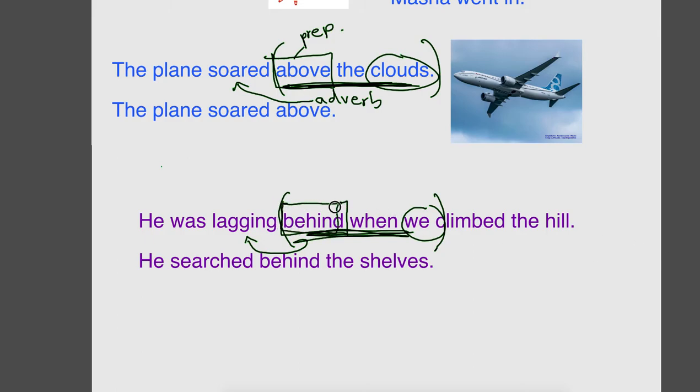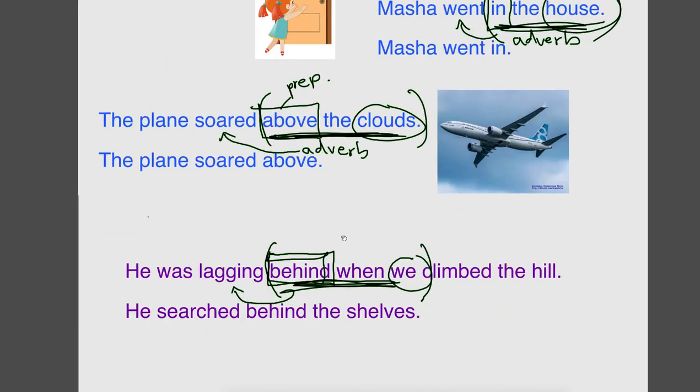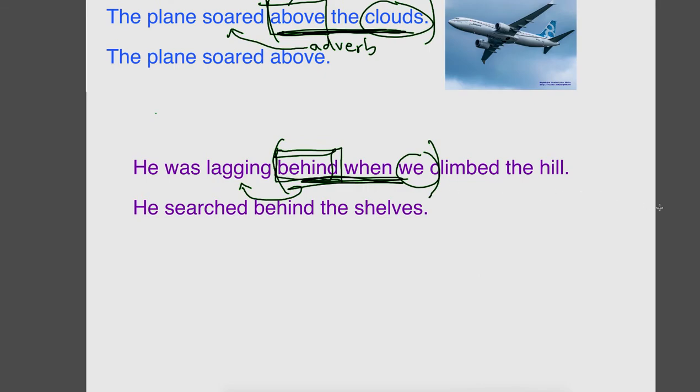So "behind" is definitely not a preposition. It's an adverb, okay? So I know that's kind of confusing, but yeah. I think most of the problems are going to be more like this. So as long as you understood these three examples, I think you should be good for this worksheet. Okay. So let me correct this real quick. So let me clean this up.